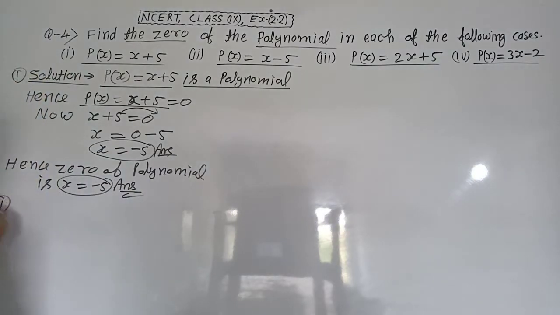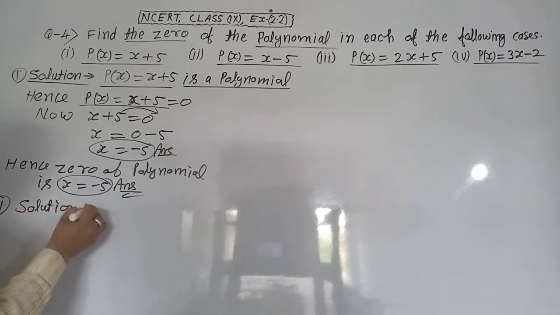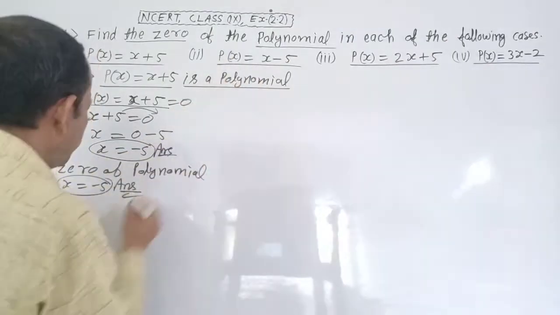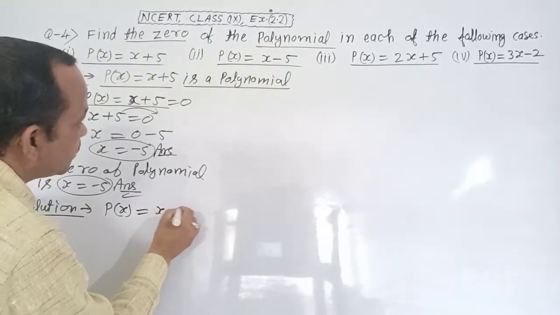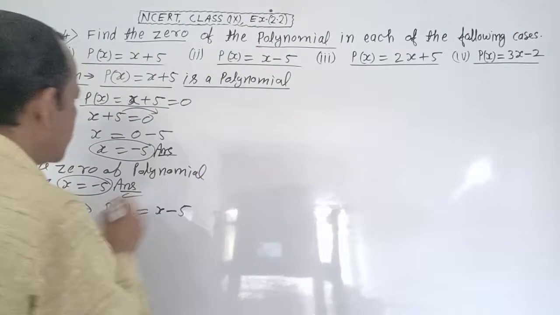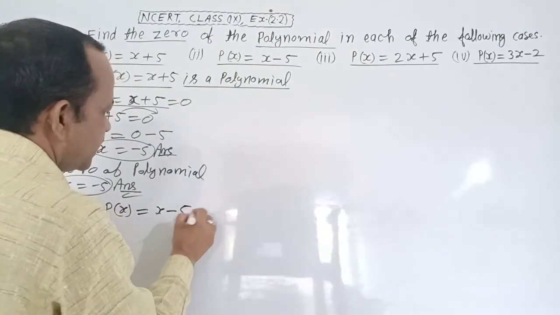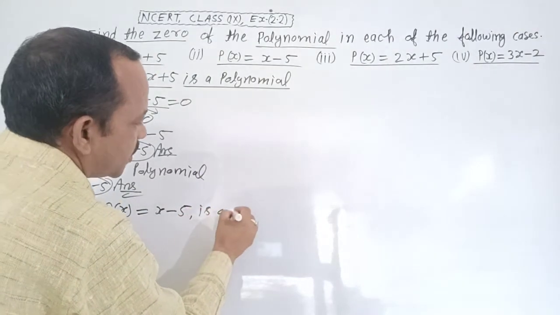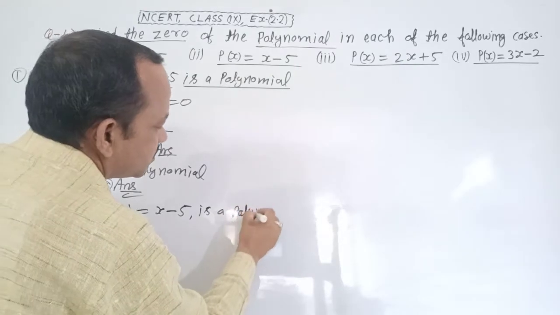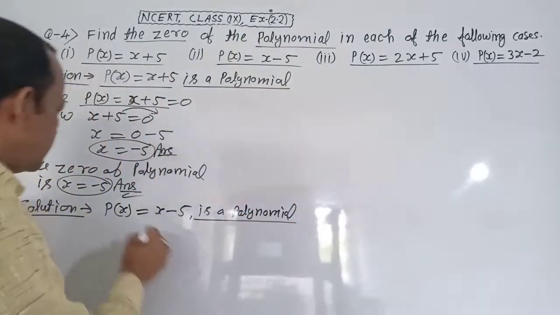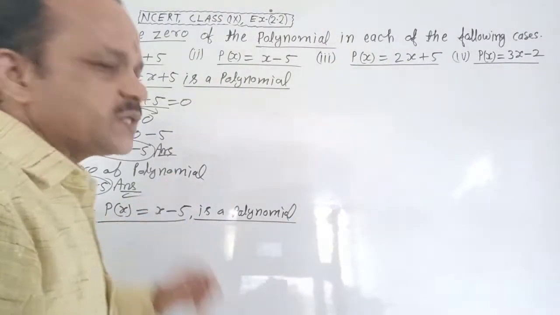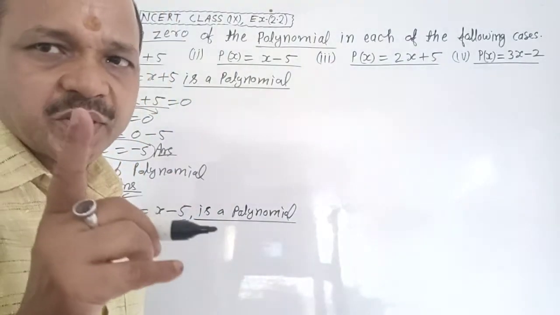Second solution. Second is p(x) equal to x minus 5, which is a polynomial.